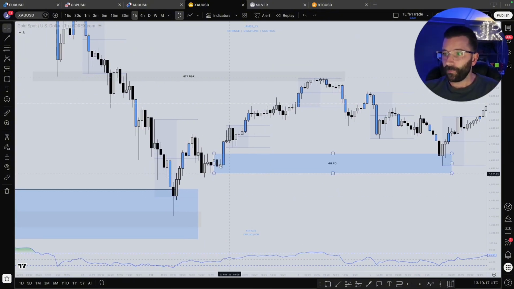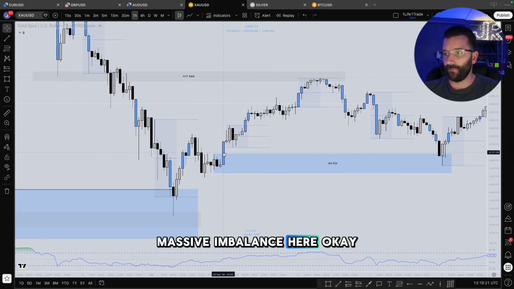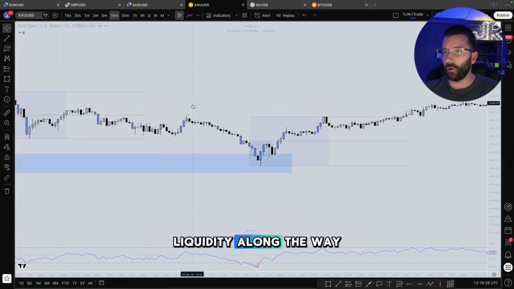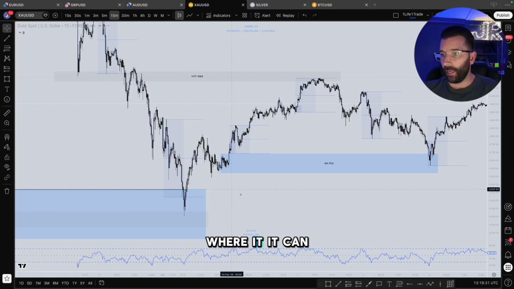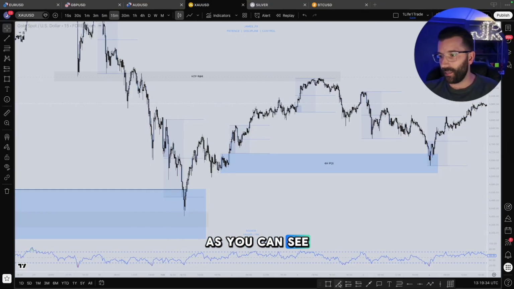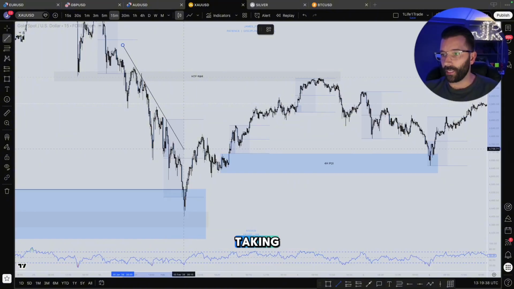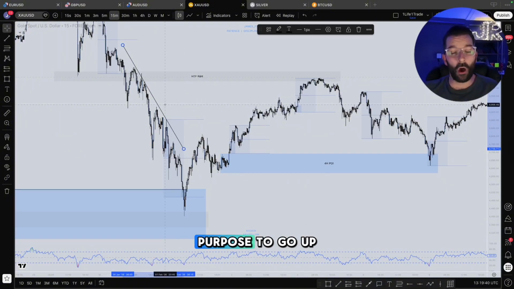So Monday played out and it left this massive imbalance here. So I'm thinking it's going to react and go higher anyway. I've got this break and retest where it could go up to. We've got liquidity all along here that it can start taking. So it's got a purpose to go up.